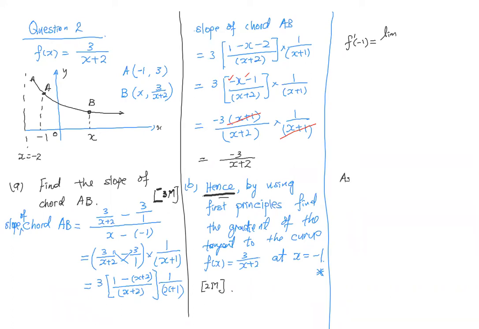As B approaches A, what can you say about the value of x as B approaches? -1. Yeah, you are right. So you see? So what should I write at the bottom of the limit?